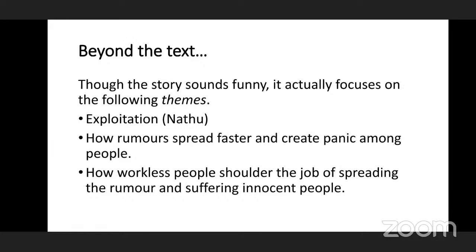And people like them spread the rumors. So this is what I understood from the short story, and this is what the author tried to convey, I personally feel: how workless people shoulder the job of spreading the rumor and innocent people suffer. So these are the themes beyond the text.